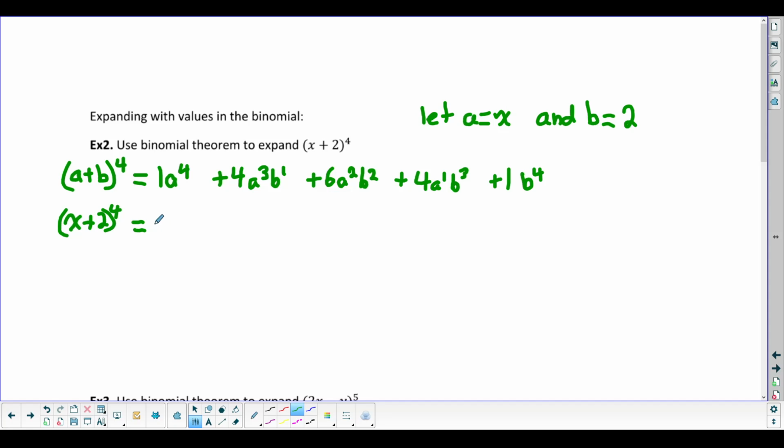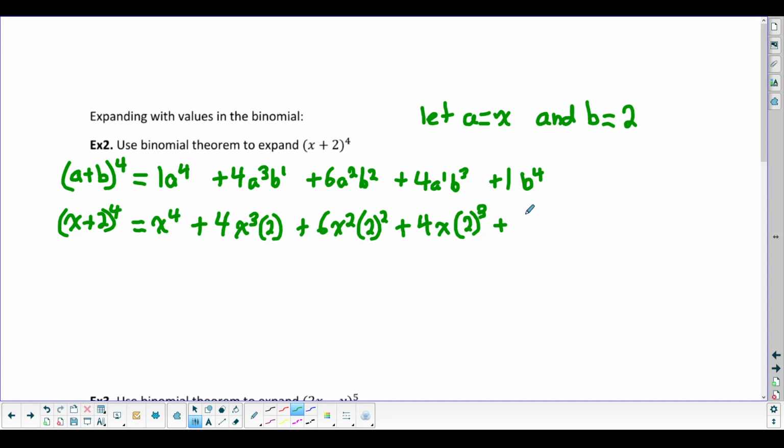Okay, so replace the a's with x's, so x to the power of 4 plus 4 x to the power of 3, and b we'll replace with 2 times 2 plus 6 x squared. B gets replaced with a 2 squared. You'll note I'm very intentionally putting all of these in brackets. That will become very important later. You can put the x's in brackets as well if you would like. Plus 2 to the power of 4.